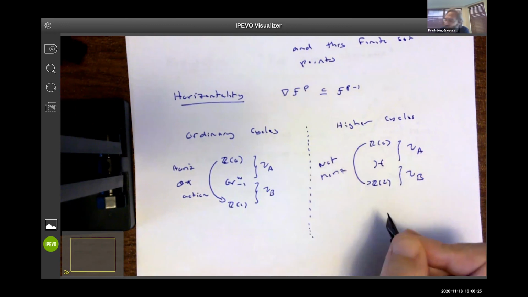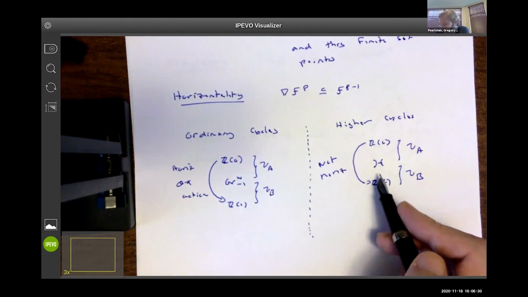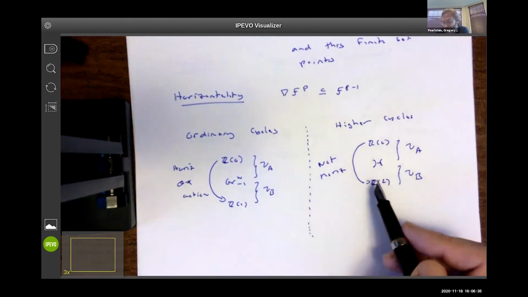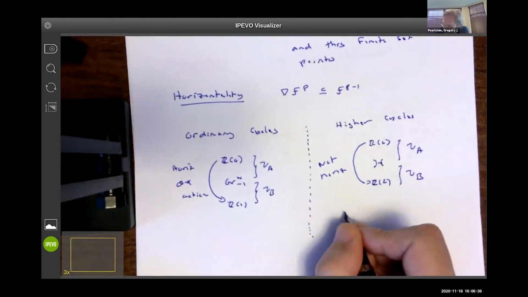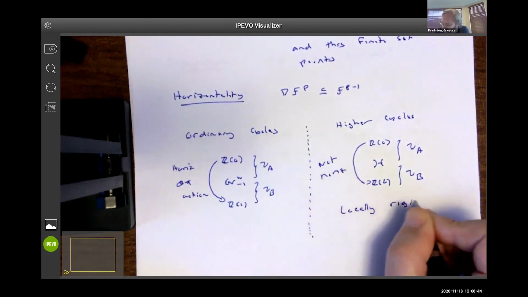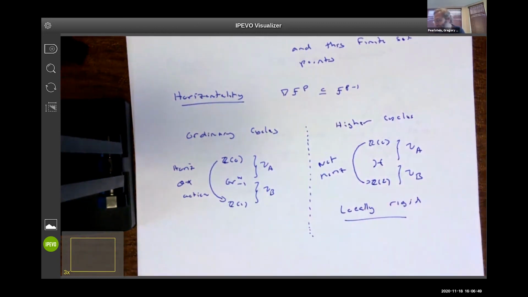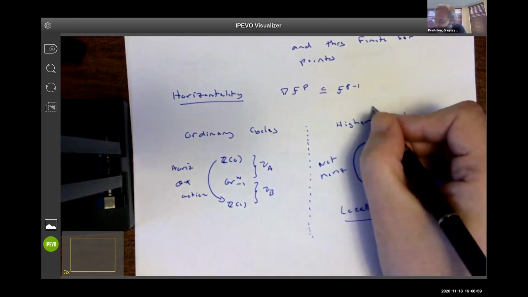So if you want to glue normal functions, higher normal functions, as soon as the difference between the weights here and here is bigger than 1, this is going to be locally rigid. So that would mean that your height that you were going to construct would be something which is going to be locally constant. Okay. But this view here, this is actually incorrect.